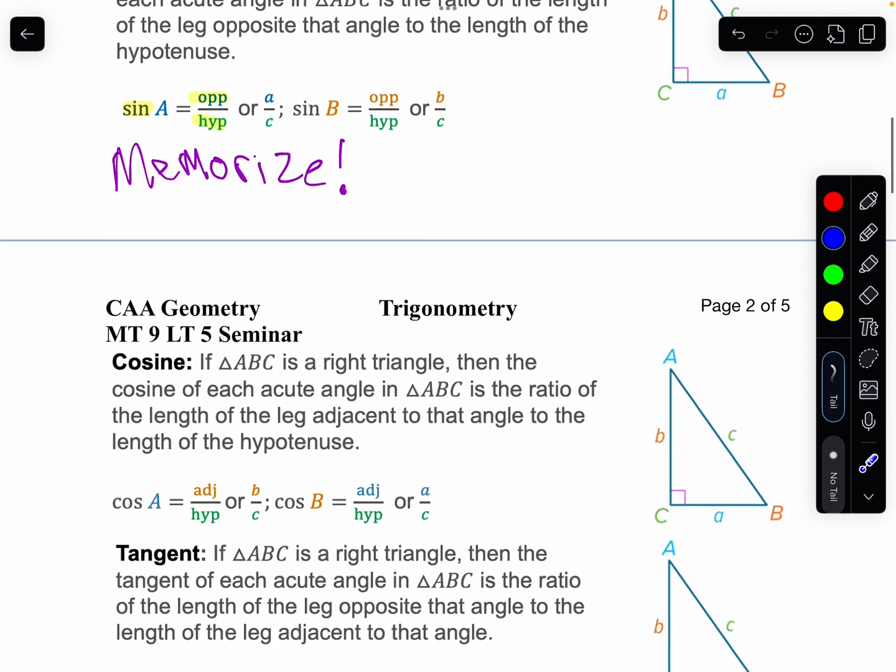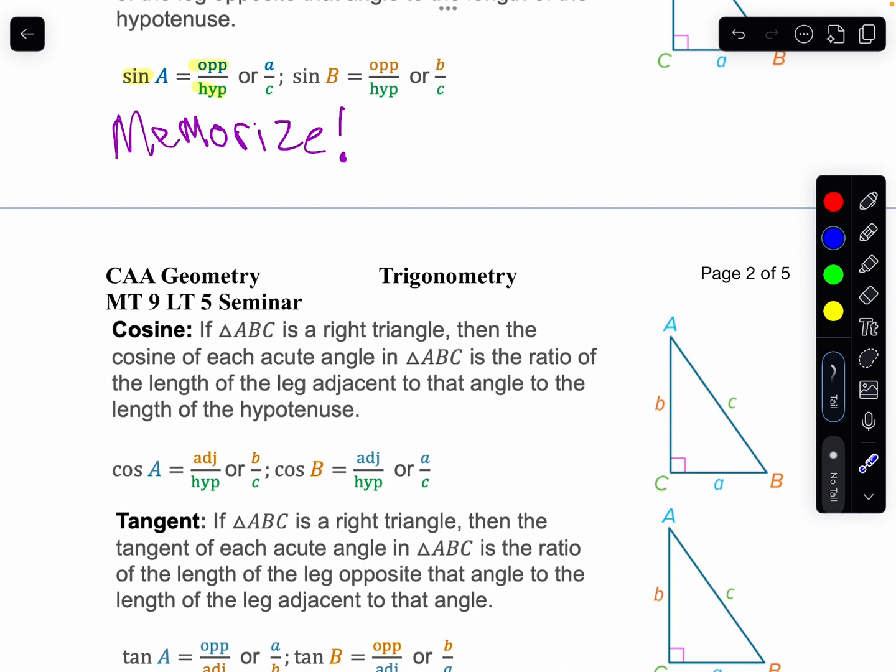The next one is the cosine of an angle. The cosine is the adjacent over the hypotenuse, as in B over C. Notice the cosine of A is the same as the sine of B. And the cosine of B is the same as the sine of A. Why is that?